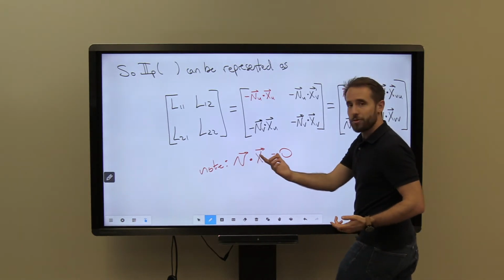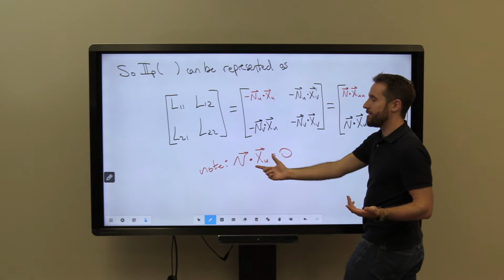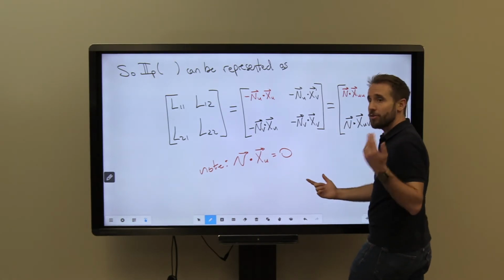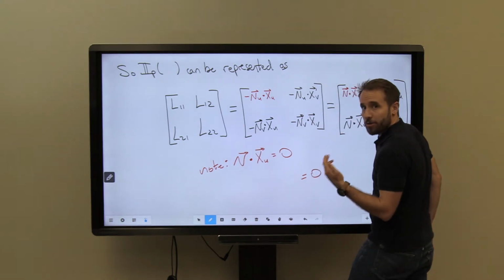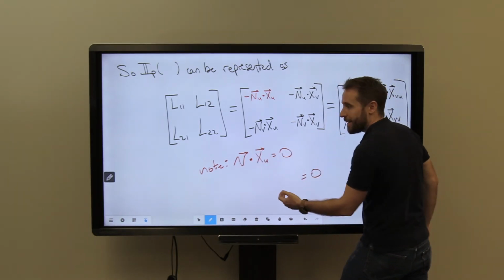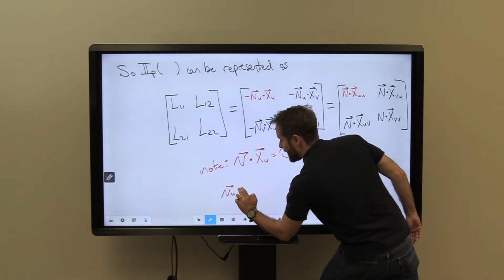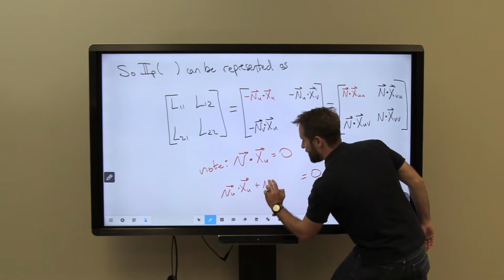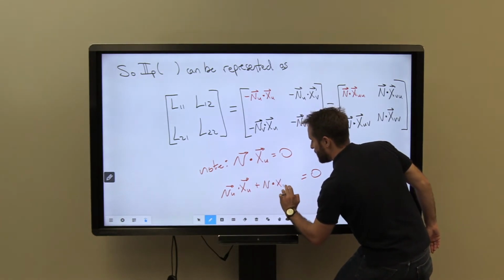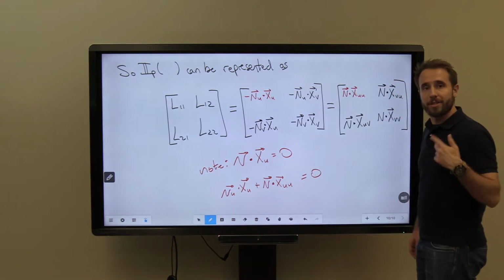And so I can take the derivative, the u derivative in this case, of both sides of this equation. The u derivative of 0 is just 0. The partial u derivative of this side is nu dot xu plus n dot xuu. So there's that dot product rule occurring here.